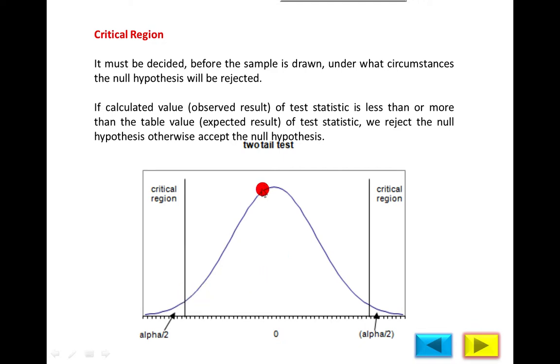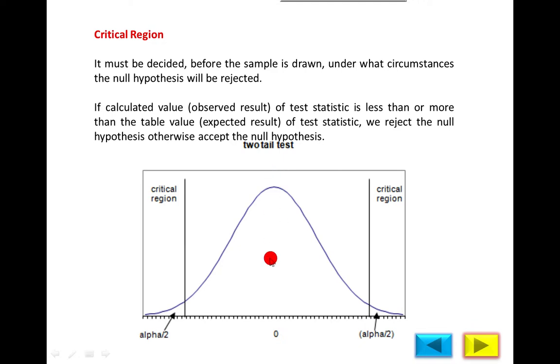You know that this is the bell-shaped or symmetrical curve. The graph of the t-test and z-test is symmetrical, and the graph of the chi-square test and f-test is a non-symmetrical, skewed graph.